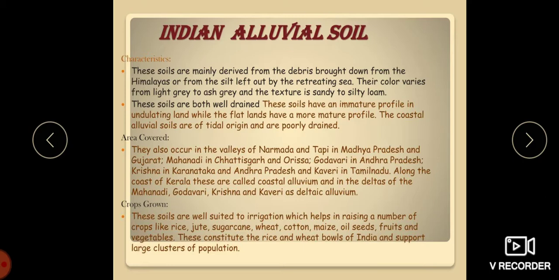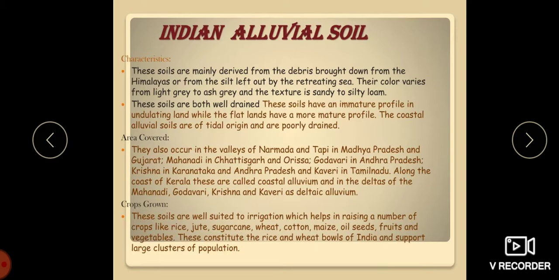The area it covers, as I told, is about 15 lakh square kilometers. So, which are the areas? They also occur in the valleys of Narmada and Tapti in Madhya Pradesh and Gujarat, Mahanadi in Chhattisgarh and Odisha, Godavari in Andhra Pradesh, Krishna in Karnataka and Andhra Pradesh, and Kaveri in Tamil Nadu.